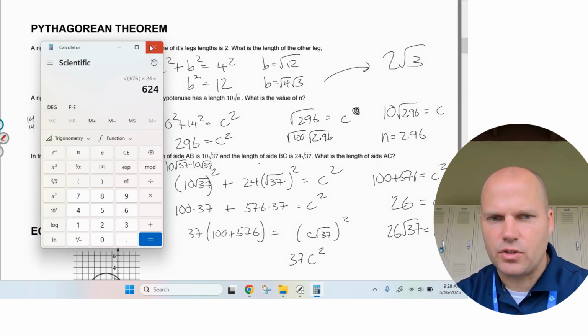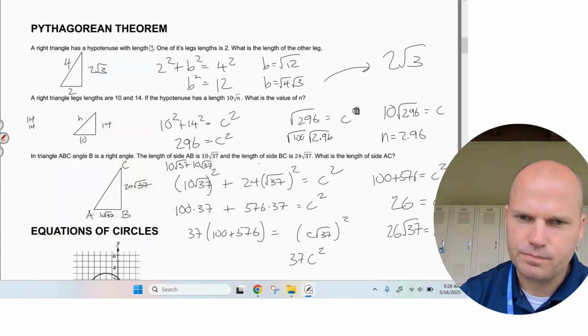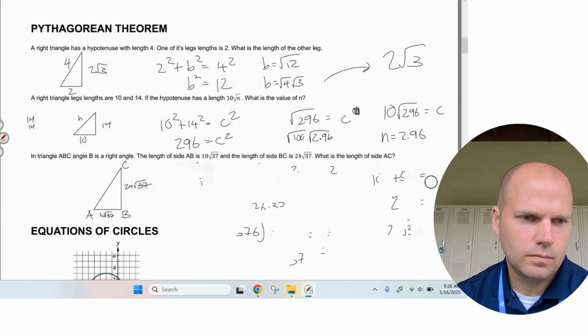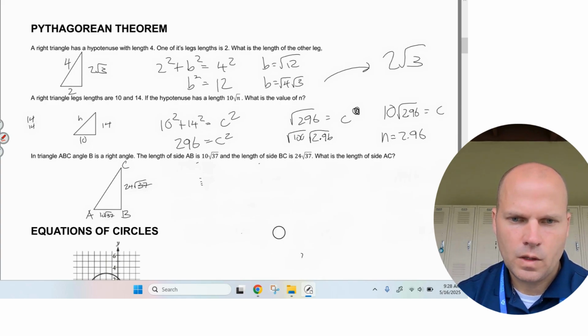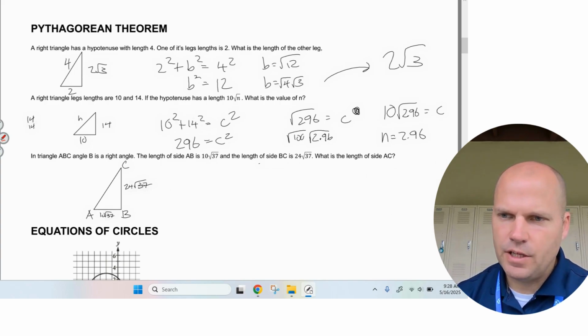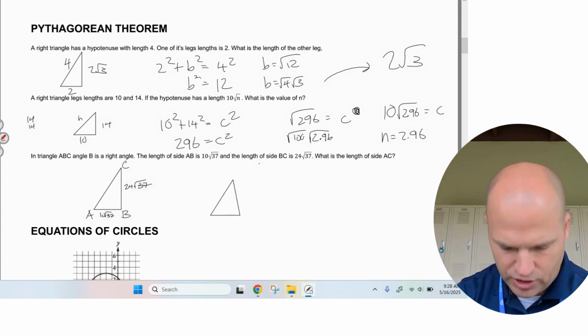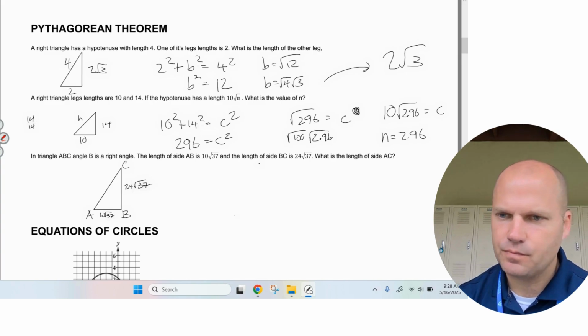So watch me start this over. I like this question. I'm going to take another triangle. This is a great way to think about right triangles, as similar triangles.